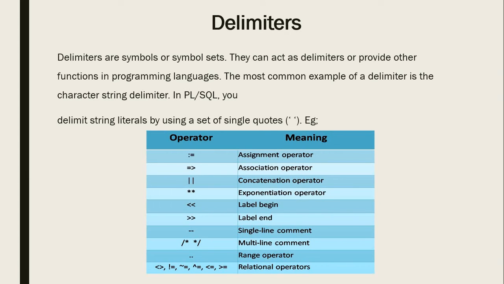Other examples include the assignment operator, the association operator, the concatenation operator, the exponentiation operator, and the label delimiter, each with its own symbol. These are some of the operators and the meanings assigned to them when you talk about delimiters.